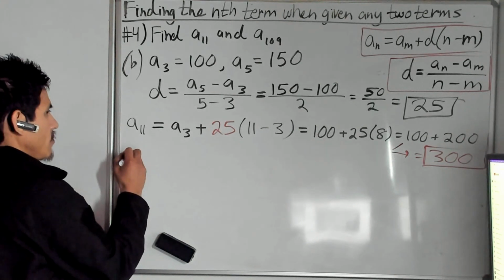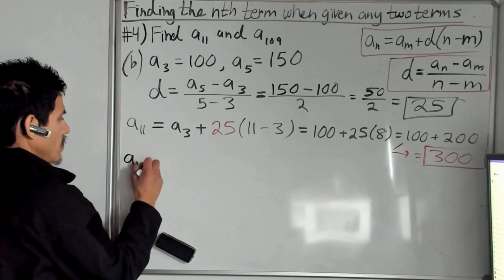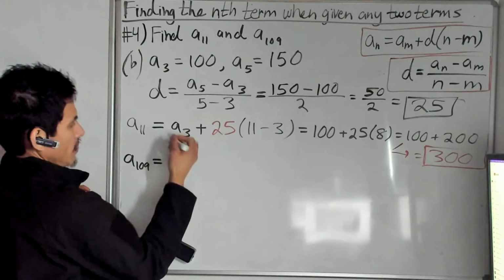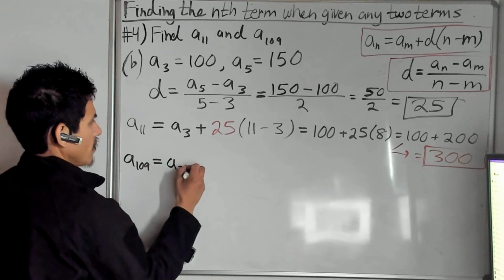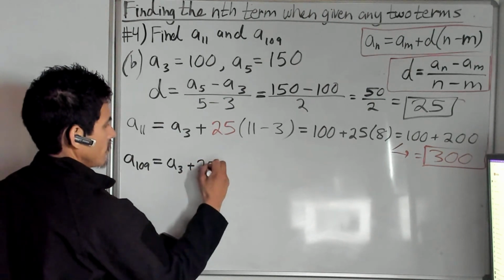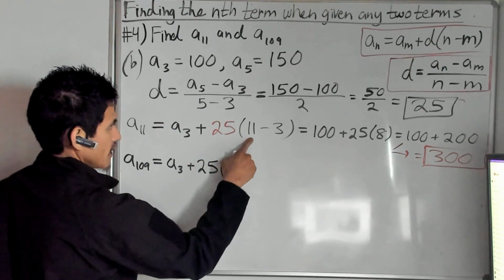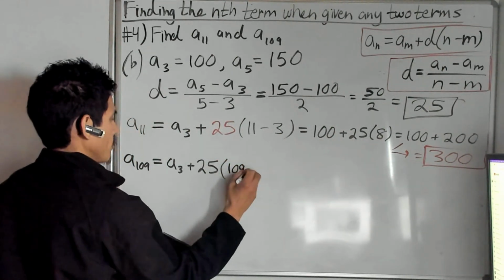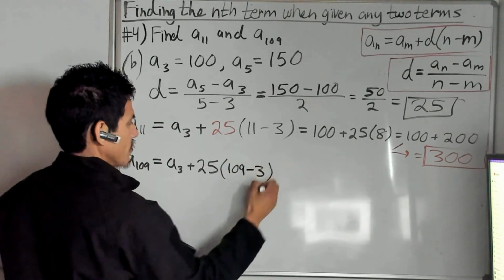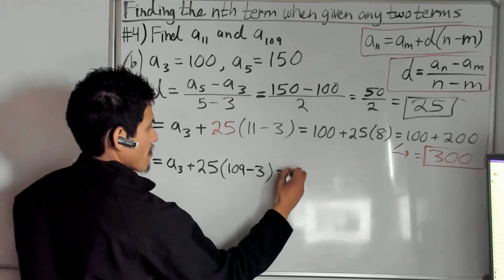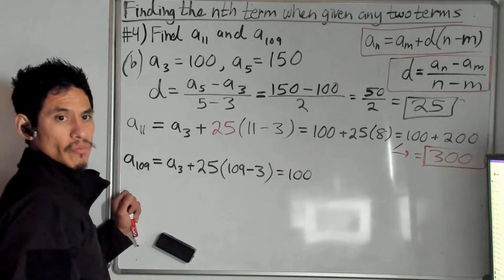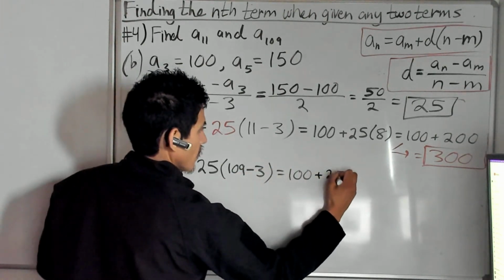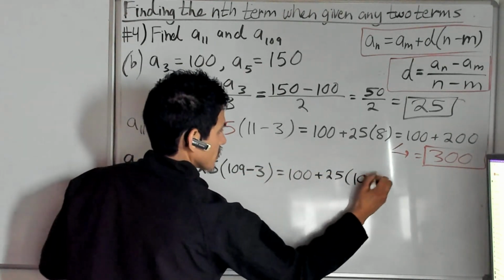All right, now A109. Again, let's just use A3 again. Why not, right? Plus 25 times D. In this case, the N is going to be 109 minus 3 again. 100 plus 25 times 106.